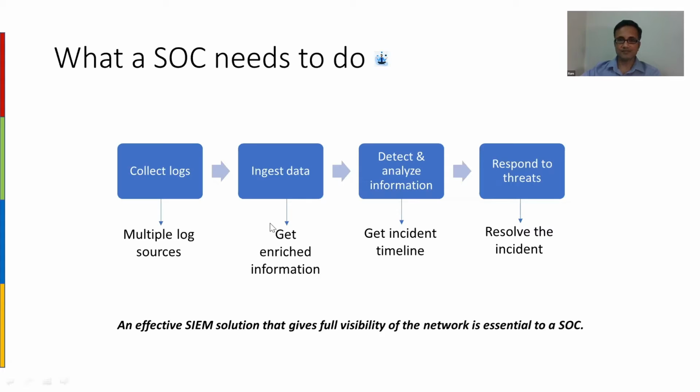And then you've got step number 3, detect and analyze information. Now, in step number 2, with ingestion of the data, our SIEM solution has already ingested all the logs and given us some enriched information, right? Now, in this third step, we are asking important questions such as, of all the data that is ingested, what is important and what is not so important?